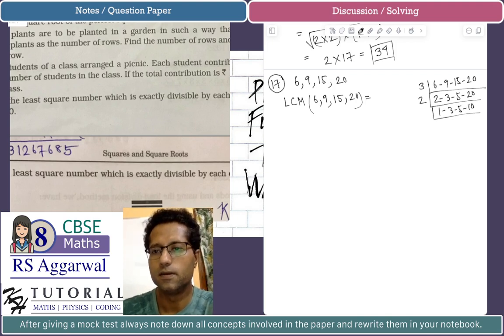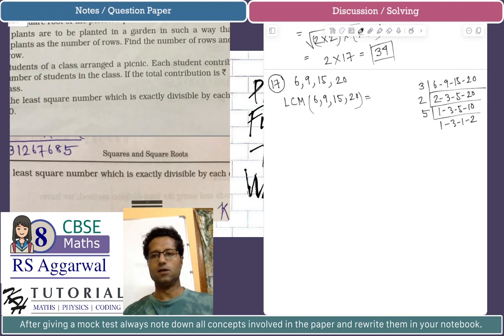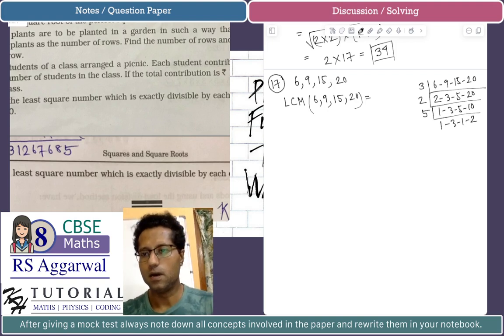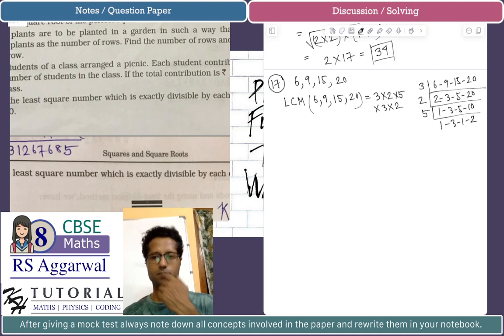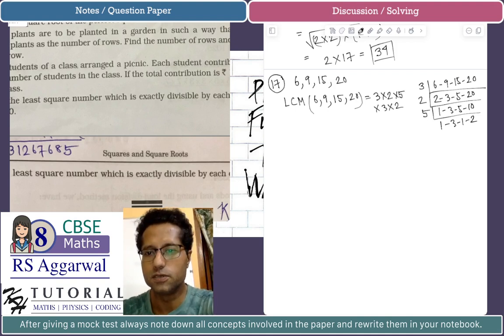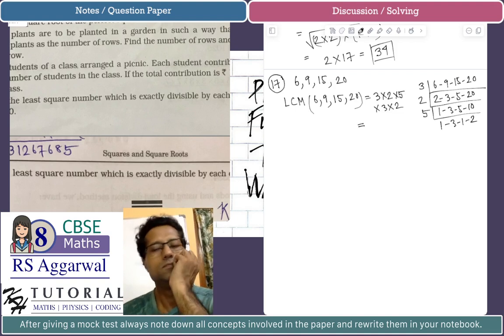Dividing by 5: 1, 3, 1, 2. Okay, so the LCM will be 3 multiplied by 2 multiplied by 5 multiplied by 3 multiplied by 2.